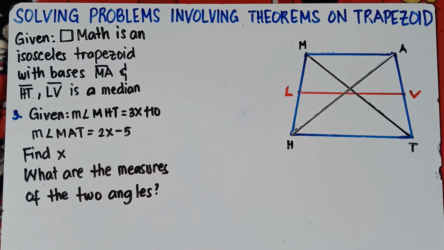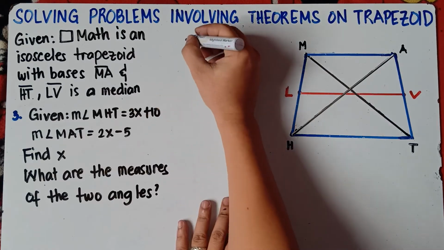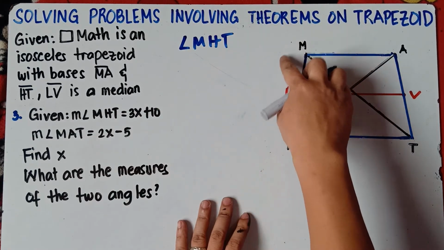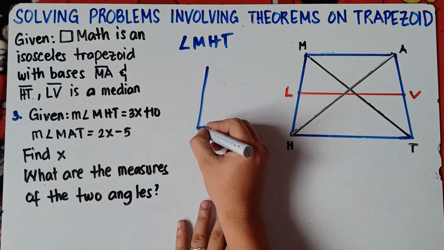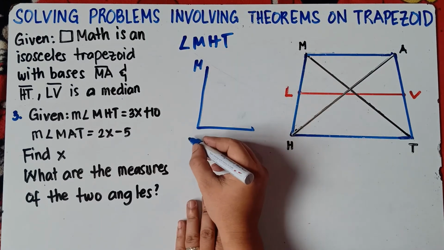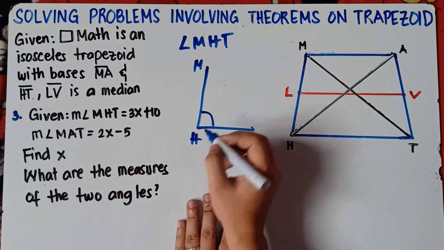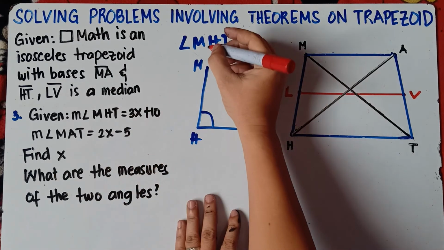Alright, let's do that. So once again, given angle MHT, if we draw this one, angle MHT. So this angle right here, angle H, once again, class, refer to the middle part.